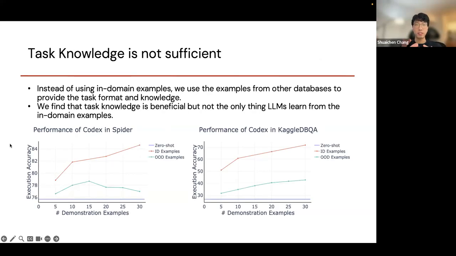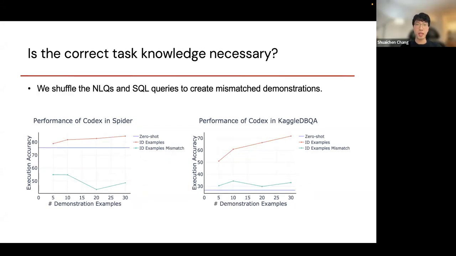We have seen that providing the task knowledge is pretty easy. We can simply use out-of-domain examples to do that. By having out-of-domain examples, we do see the performance increase on both datasets, but definitely not comparable to using the actual in-domain examples. So we know the task knowledge is beneficial, but it's definitely not sufficient.